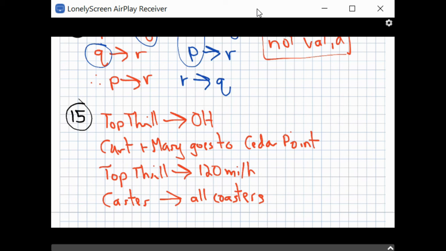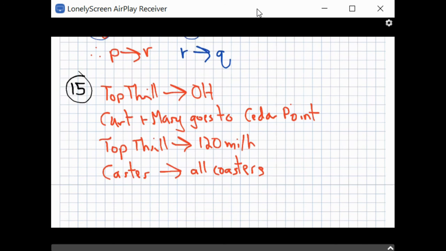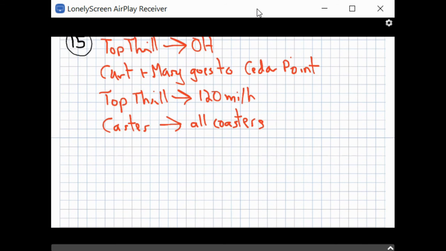So let's look at 15. It says, can we conclude that Carter went to Sandusky, Ohio? Well, it says in number 1 that Cedar Point Amusement Park is in Sandusky, Ohio. We know for sure they went to Cedar Point, so that must be valid because it's part of the statement. So number 15 is valid.